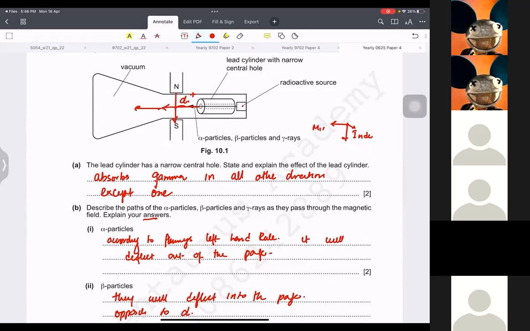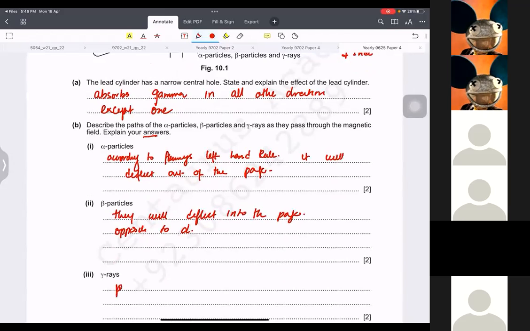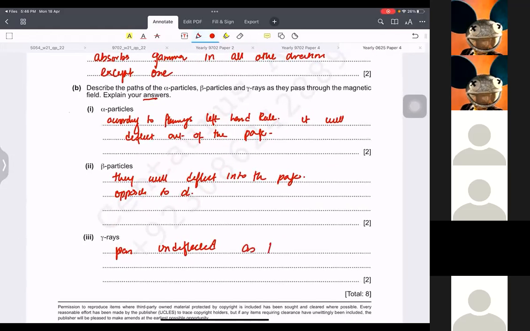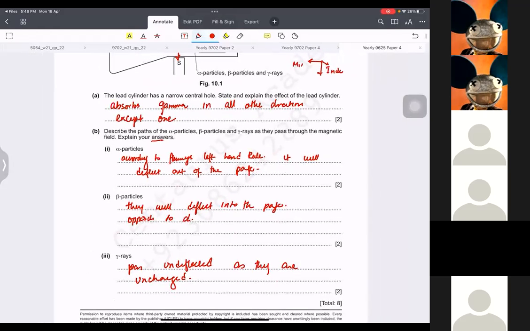Do you guys understand what I'm saying? All right, then gamma rays will pass undeflected as they are uncharged. Is it clear, everybody? And that's it. Please let me know where you got stuck.